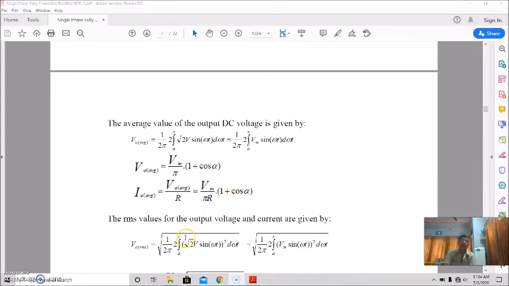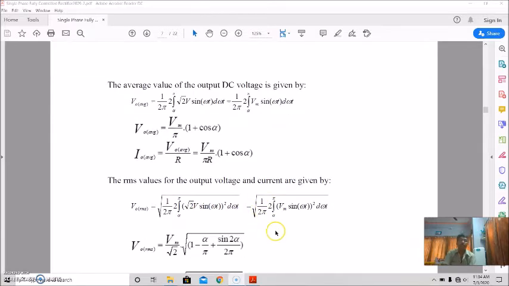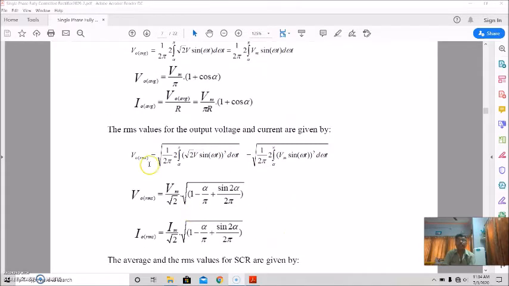Now the RMS values for the output voltage and current are given like this. This is the expression for the RMS value of the output voltage. So this will be the square root of 1 by 2 pi, 2 times the integration over alpha to pi of root 2 V sin omega t squared d omega t, and that comes to Vm by root 2 times the square root of 1 minus alpha by pi plus sin 2 alpha by 2 pi.